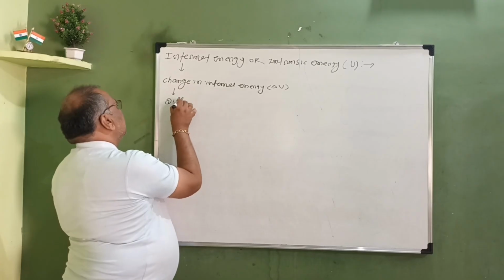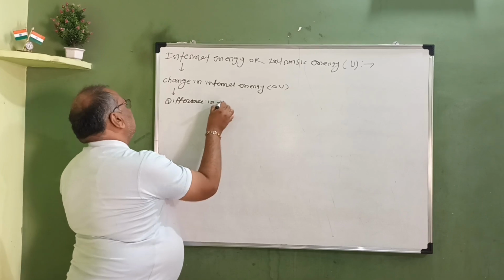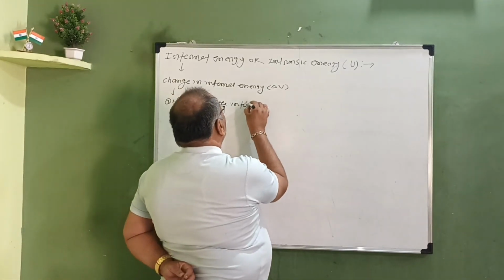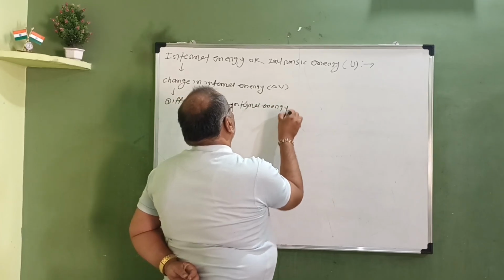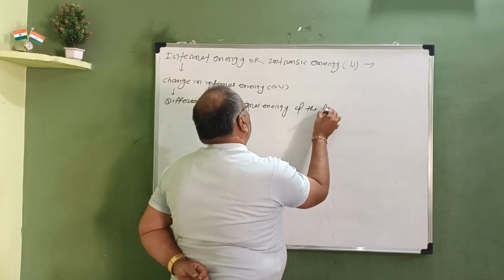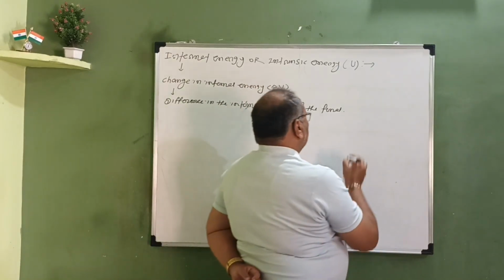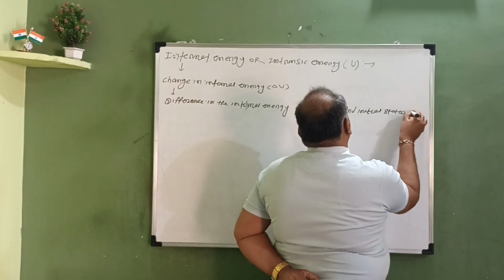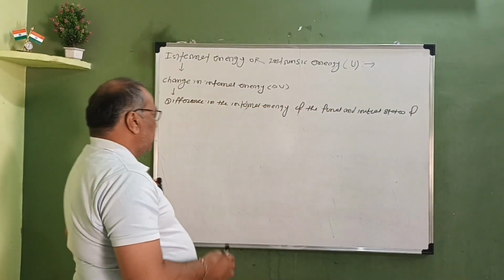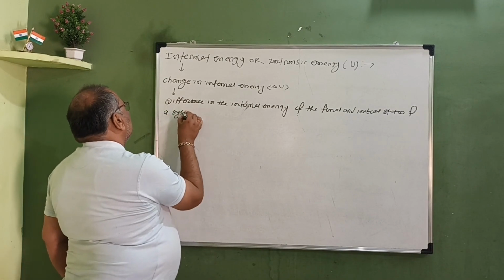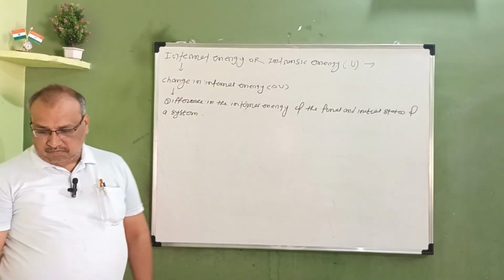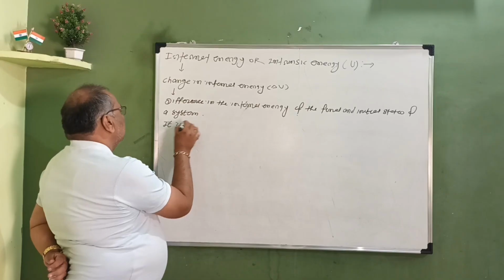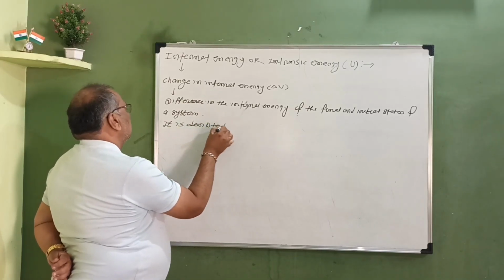Difference in the internal energy of the final and initial states of a system. Now here it is denoted by delta U.